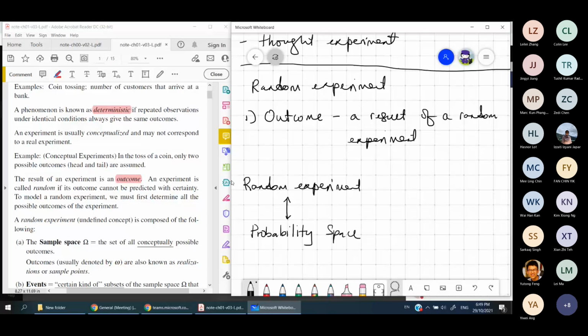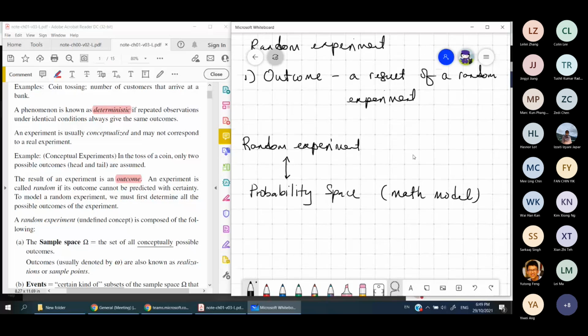So this is a mathematical model for this random experiment. Once we represent the elements with mathematical objects, we can use the theory and formulas of math to establish a theory for this random experiment.